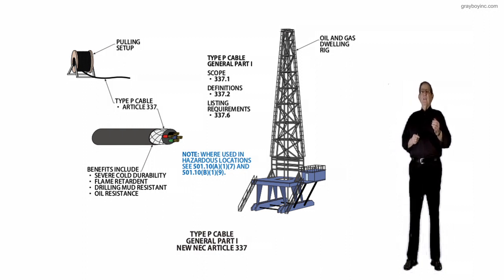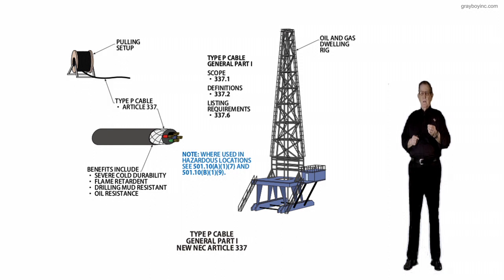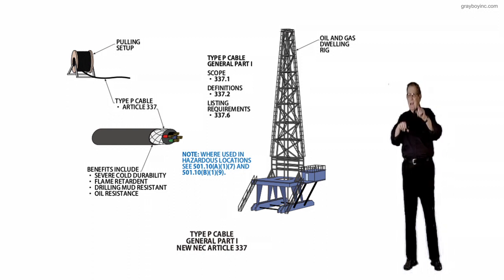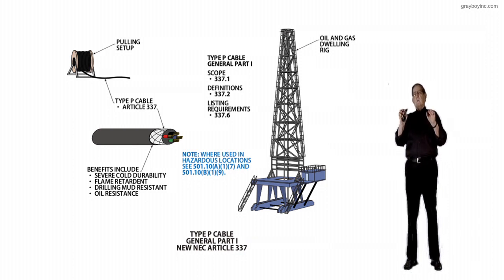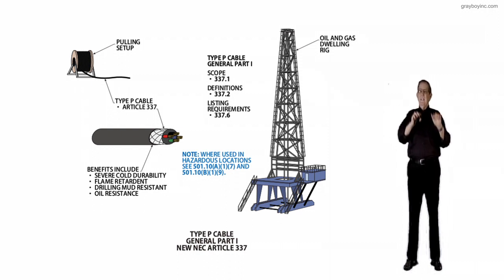But when the 2017 code came out, they deleted 500.2 and relocated the definitions for the equipment being used in classified locations, the protection techniques of equipment, into Article 100, but they were scattered throughout based upon what letter the term started with. Like explosion proof was E, so it would be in the E's.